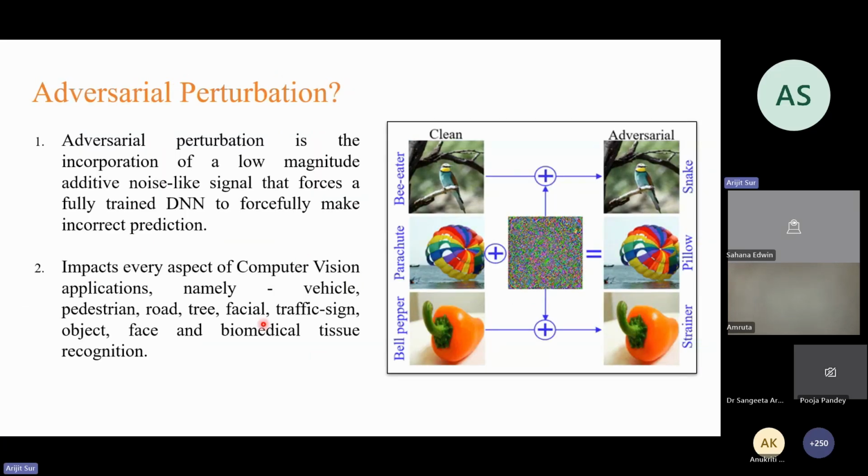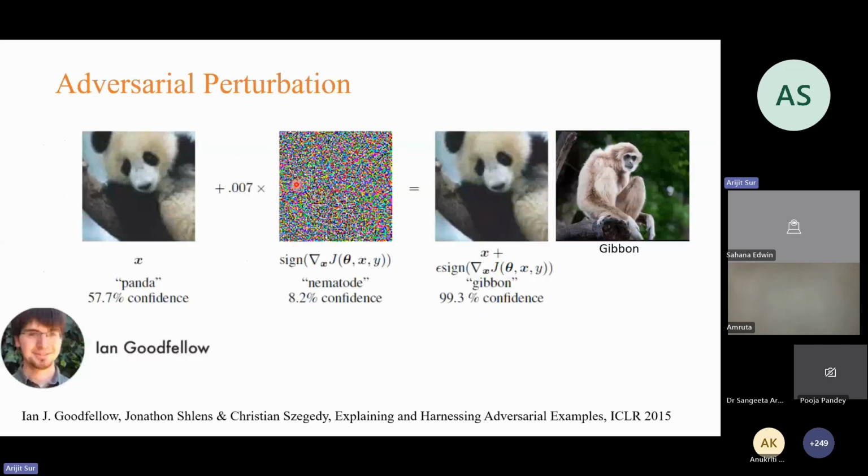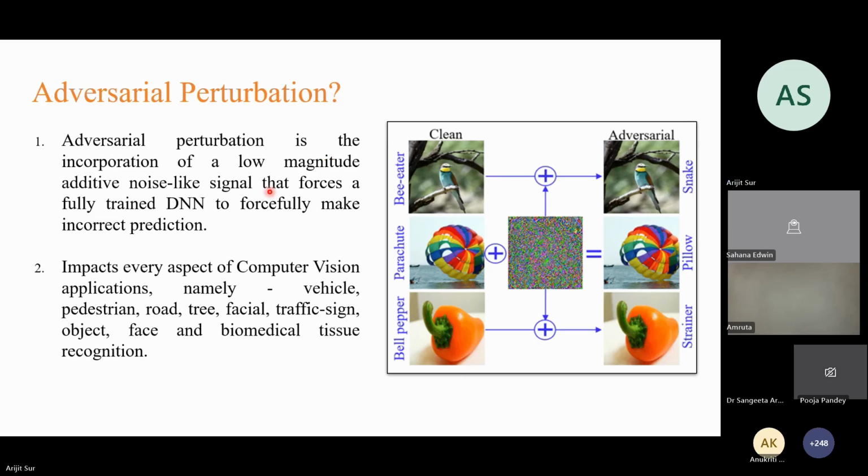Now, to say the similar thing, adversarial perturbation is basically the incorporation of low magnitude additive noise. This additive noise is of very low magnitude, so that it is imperceptible to the human eye, yet it forcefully makes the deep neural network, or even a shallow one, produce an incorrect prediction.